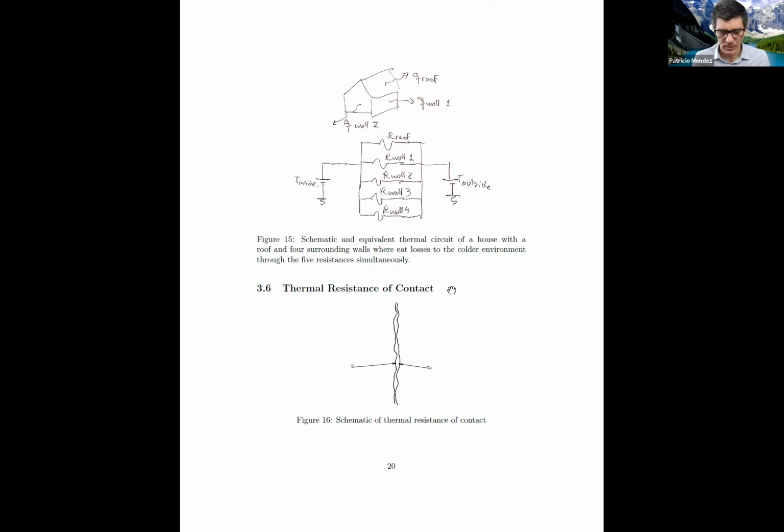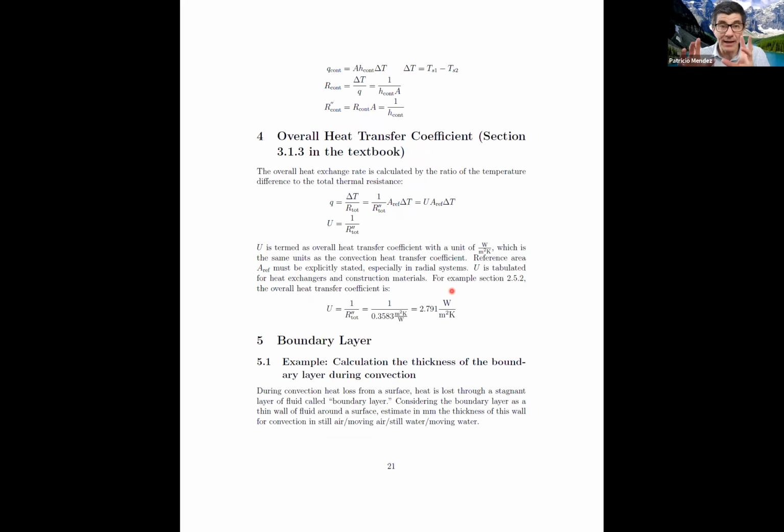One more thing, one of the heat transfer mechanisms we studied was thermal resistance of contact, which is very similar to convection in its mathematics in the formula. And if you remember, we had an h for contact, right? That had a formula very similar to convection, and the thermal resistance of contact is 1 over this h of contact. Very simple.